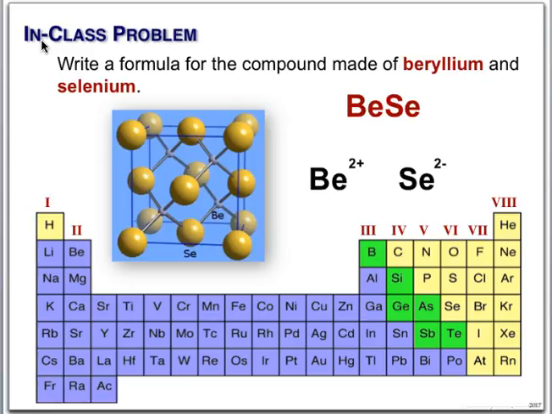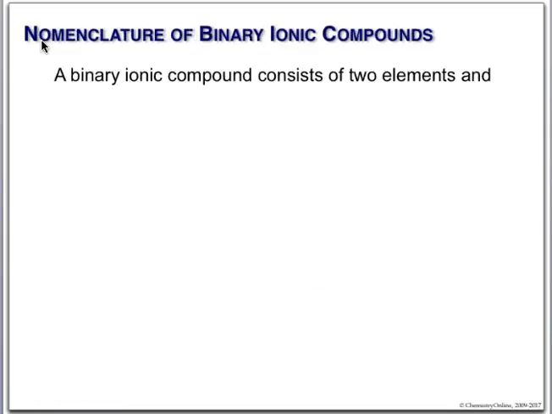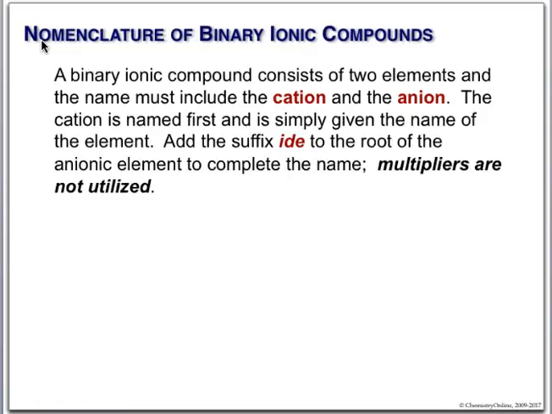Well, isn't it about time that we went ahead and just gave these little guys real names? I mean, calling it BeSe is kind of demeaning. Let's give it a real name. When we name ionic compounds, remember these contain a cation and an anion, right?